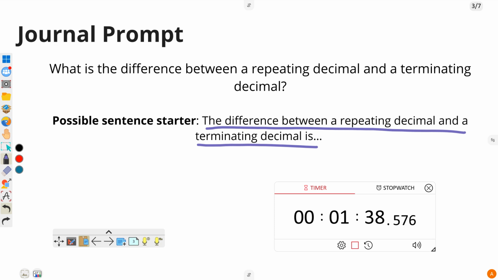Make sure you write out the complete sentence. So you're telling me the difference. You have 1 minute left.